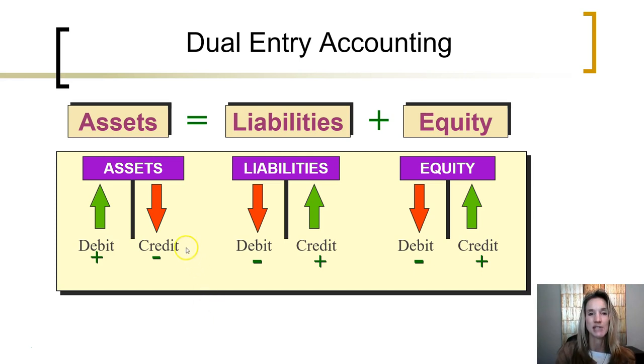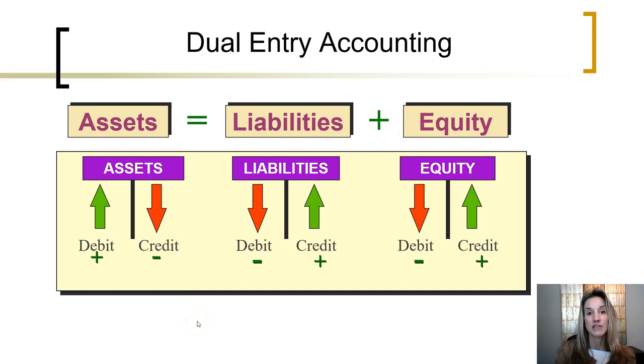What this means is that if we record a transaction that causes an asset account balance to increase, something else has to happen in order to keep the equation in balance. That means either an asset also needs to decrease, keeping that side of the equation the same, an asset account increases and decreases, or we need to record an increase to something on this side of the equation.